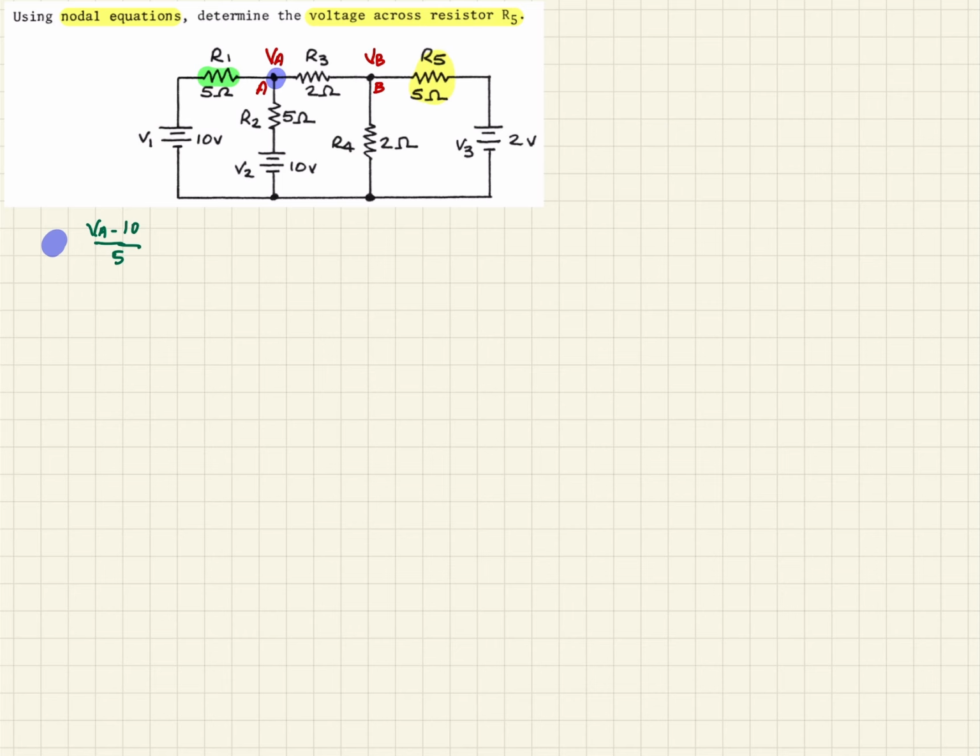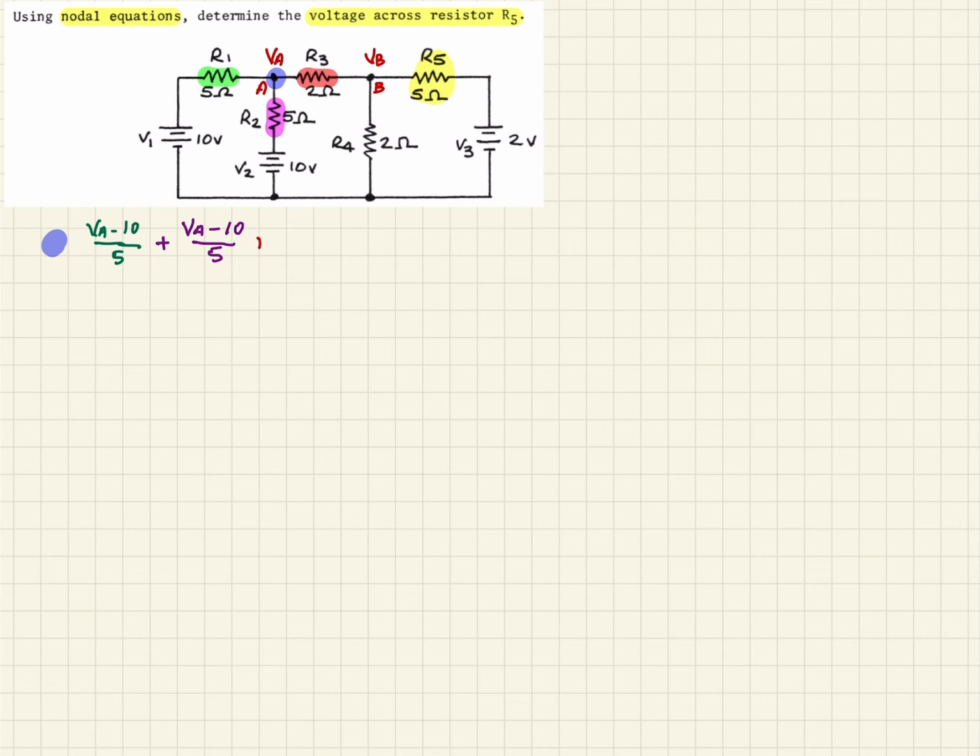Coming around, we have another resistor here, and to write that one, it's going to be plus VA, again, minus V2, which is also 10, divided by R2, which is also 5. And then finally, we're going to see this R3, which we'll put in red.